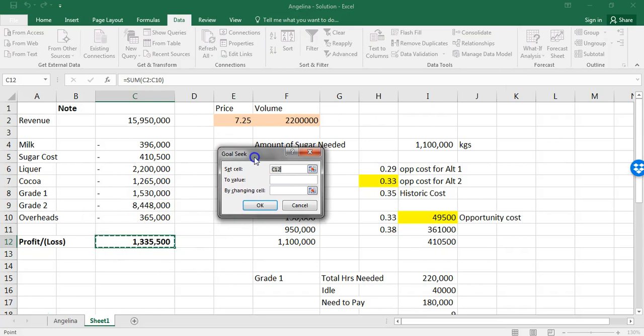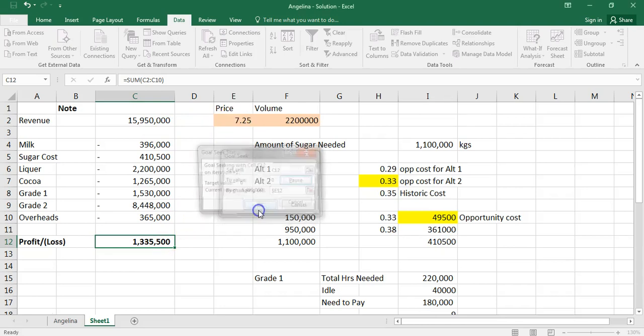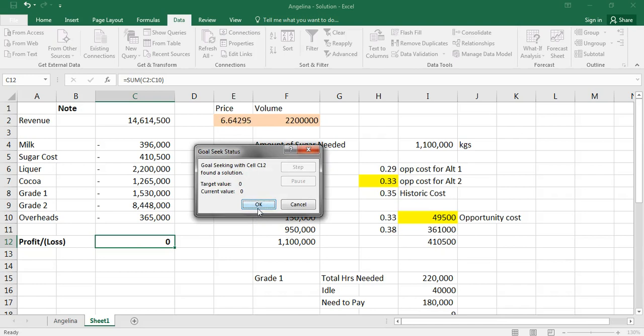We want to set cell, the profit cell, to 0 by changing the price. So you see the way the price has to be linked in, because it will drive what the revenue is. So we want to set the profit cell to 0 by changing the price cell. And if we click that, it tells us the price, the break-even price, is 664.